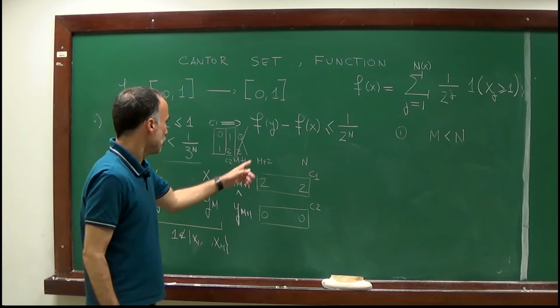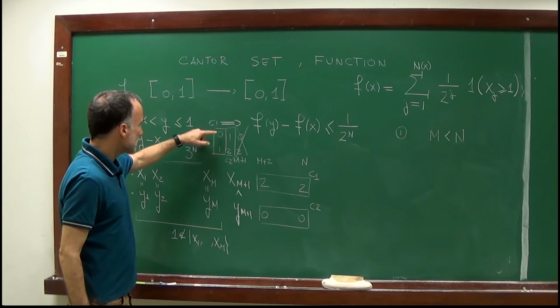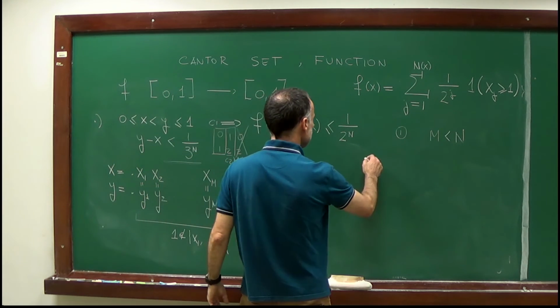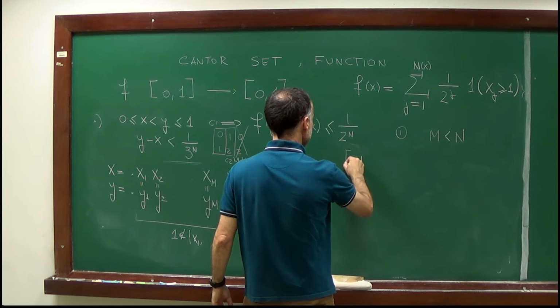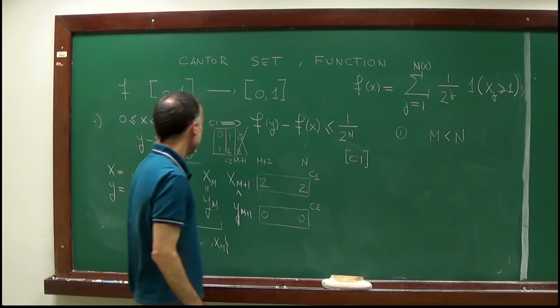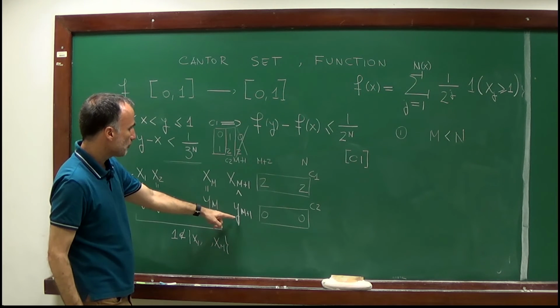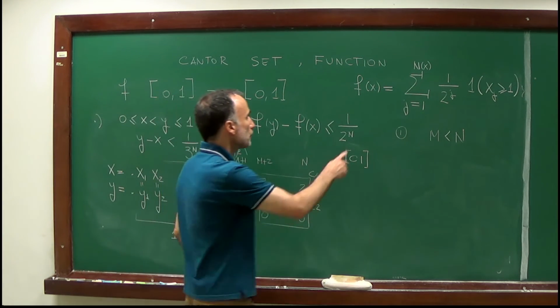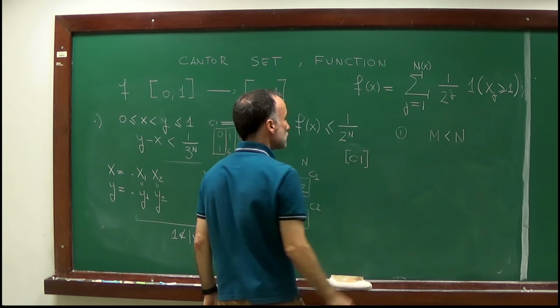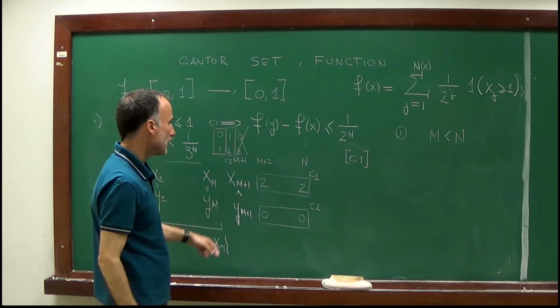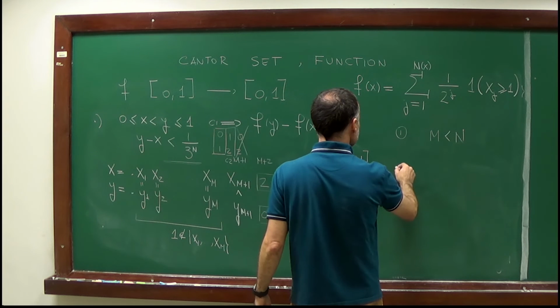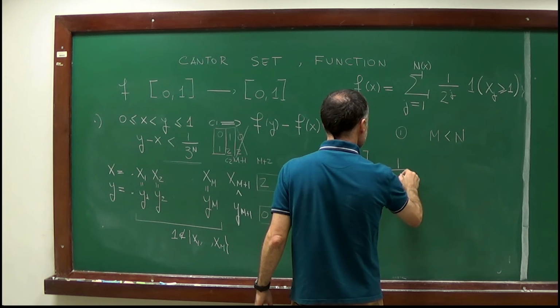So Fy, let's consider the case 1. In case 1, ym plus 1 is 1, so this sum stops at m plus 1, and it gives me a contribution of 1 over 2 to the power m plus 1.